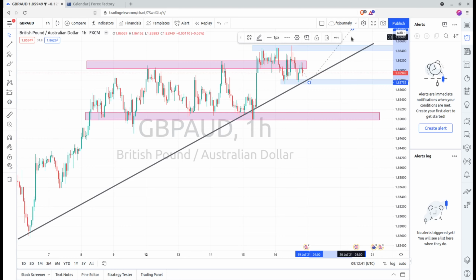That's what I'm fully expecting to happen. But there could also be the type of shenanigans we've seen in the past week, where price just goes up to here, bounces off and comes back down to the support area, then bounces off and comes back up to the resistance area. That could very well be how next week shapes out.